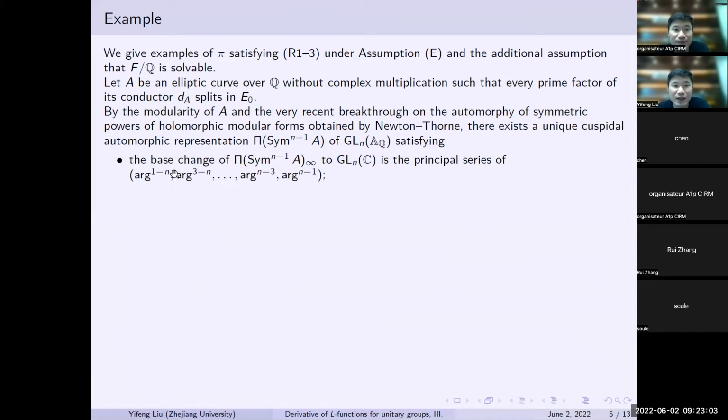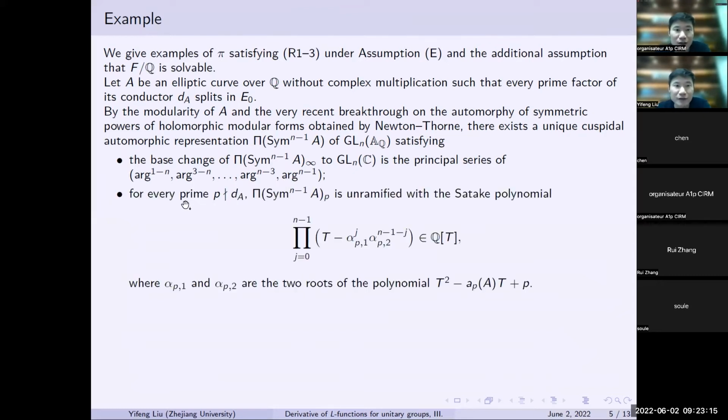First, the base change of the Archimedean part to GL_n(C) is the principal series of these characters. Recall that R is the argument character. Second, for every prime p that does not divide the conductor of A, the p component of this symmetric power is unramified with the Satake polynomial given by this one.